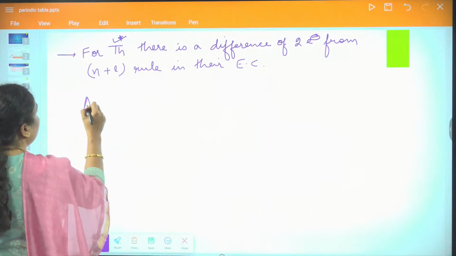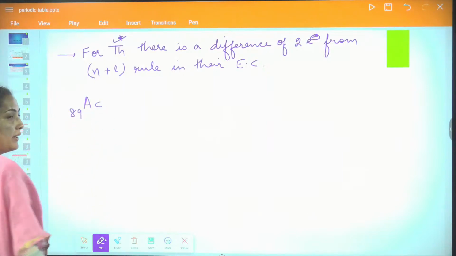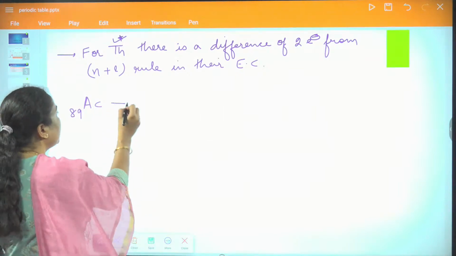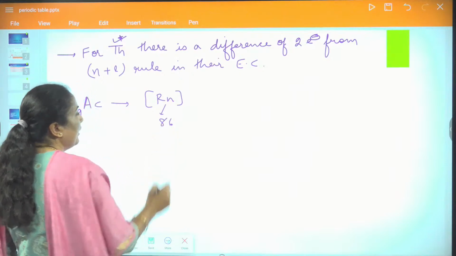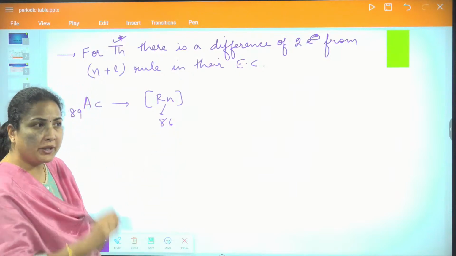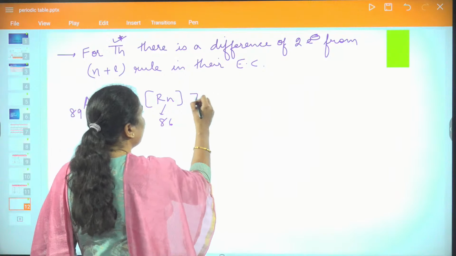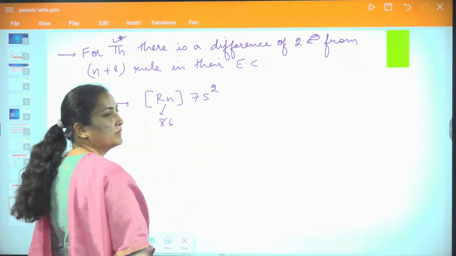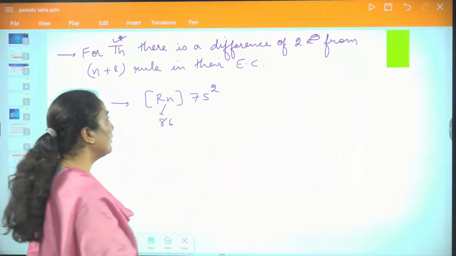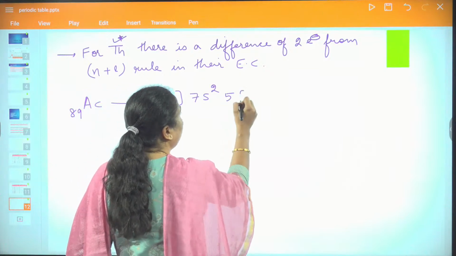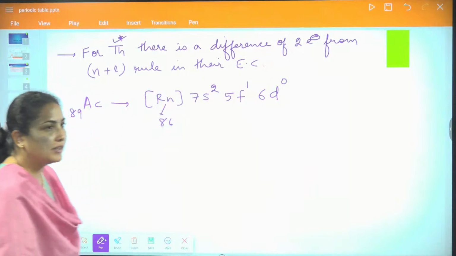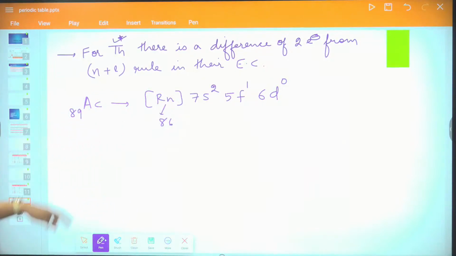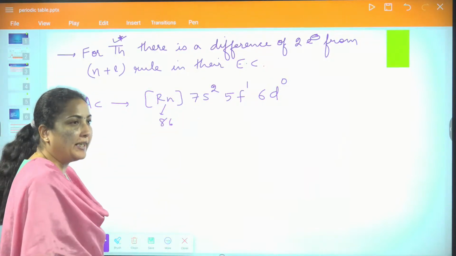So suppose if at all I am writing for actinium, which is 89. Now, which is the inert gas which is closer to it? Radon, it is 86, and it marks the ending of the 6th period. Now the next electron should go into what? 7s. So 88 electrons already done, and then you will be writing what? 5f and 6d. So 5f1 and 6d0. Right? So 86 and 3 you are having 89.